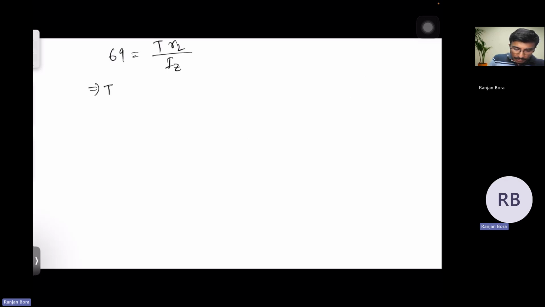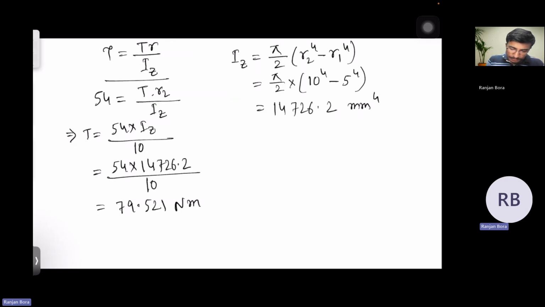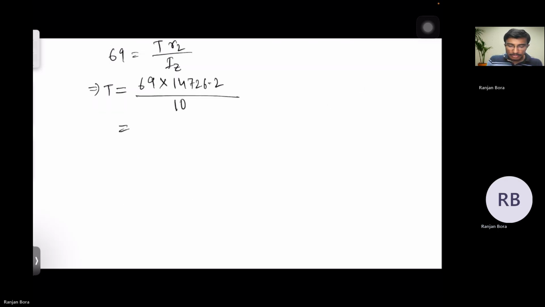From this, torque equals 69 cross Iz, 14726.2, divided by R2, which is 10. So it will be 101.61 Newton meter.